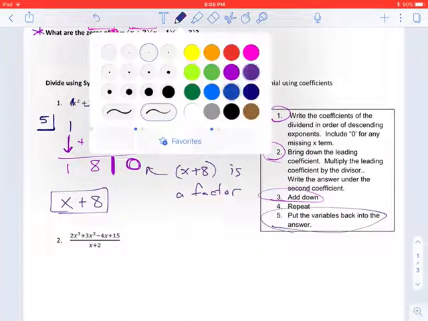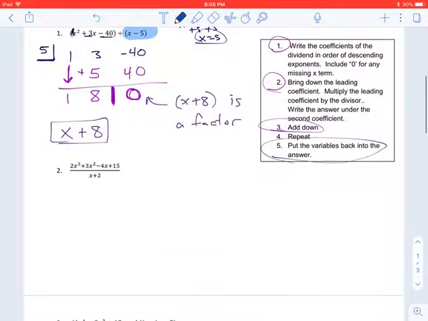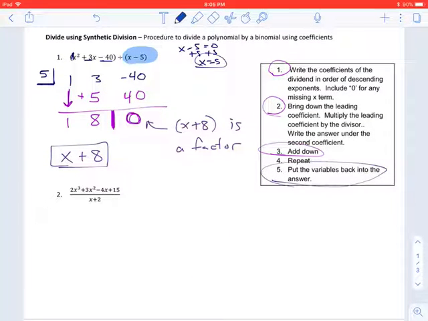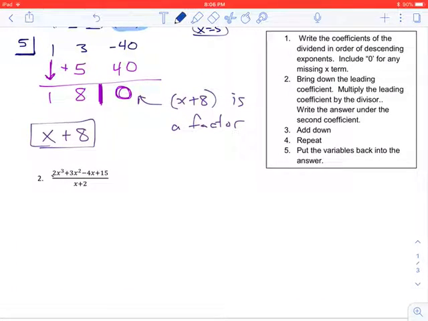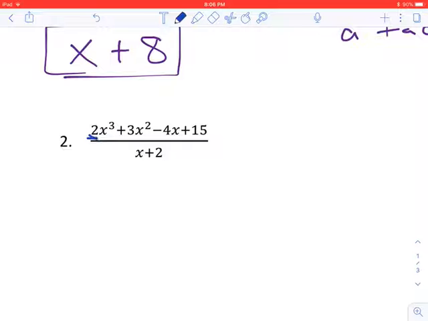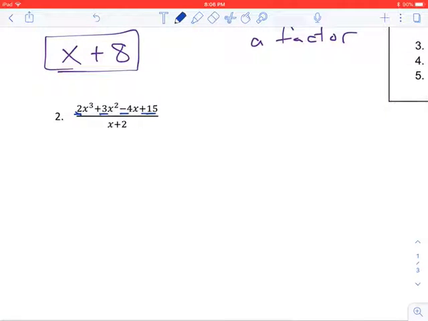Okay, so again, this is going to make a lot more sense once we get some more examples here. But you've got to go step by step. So let's do it again. I've got the coefficients 2, 3, -4, and 15. Nothing's missing, so it's 2, 3, -4, and 15.